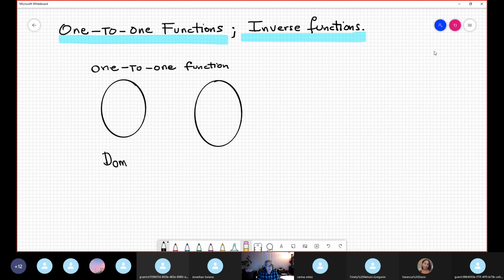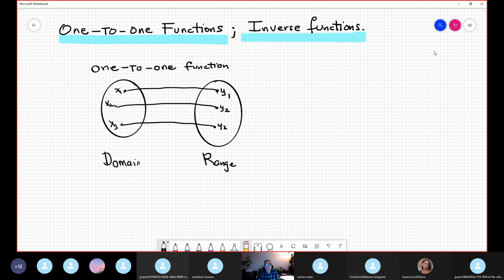Several elements of value inside the domain, you assign only one value of the y in the range. When this situation happens, this function is called one-to-one.